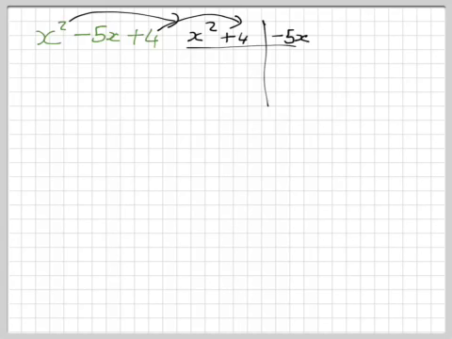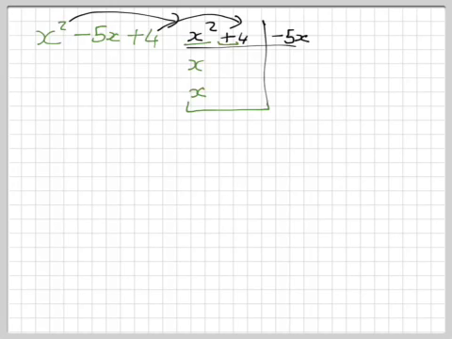Now I've got to look again at the left-hand side and ask, what times what gives me an x squared? X times by x.